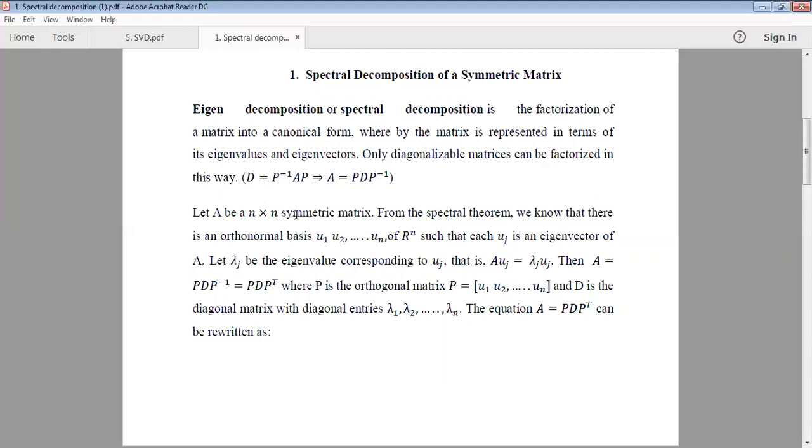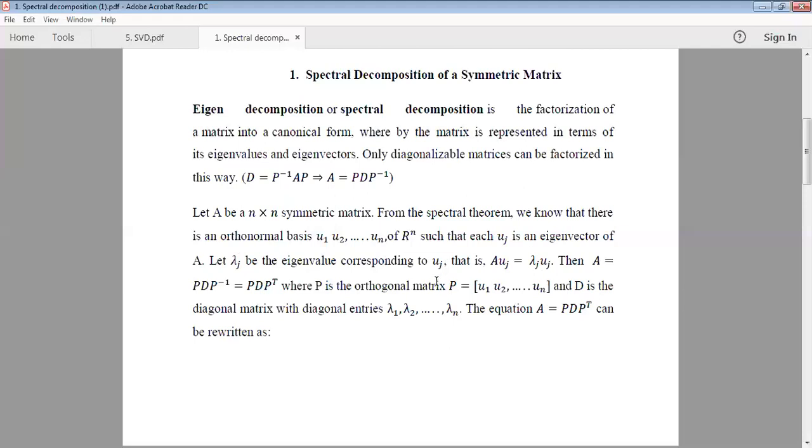Let A be an n by n symmetric matrix. From the spectral theorem, we know that there is an orthonormal basis u1, u2, and so on up to un of R^n such that each uj is an eigenvector of A. Let lambda j be the eigenvalue corresponding to uj, that is, A uj equals lambda j uj.